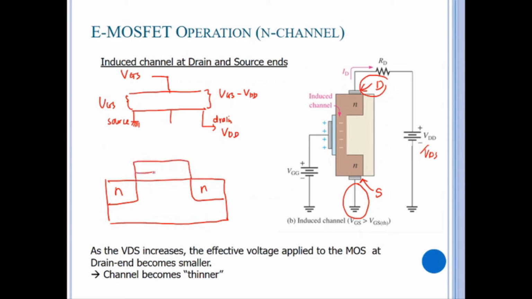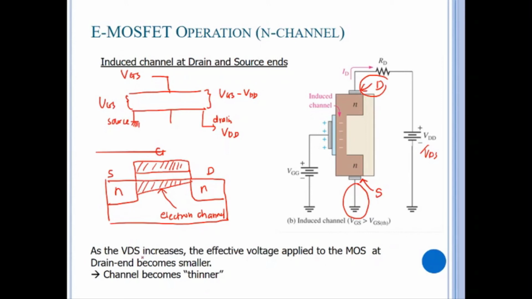If I want to draw the channel along the source and drain, this is the source, this is the drain, this is the gate. So the shape of the channel will be like this, this is the electron channel. You see here the thickness of the channel at the source end will be much thicker compared to the channel at the drain end.